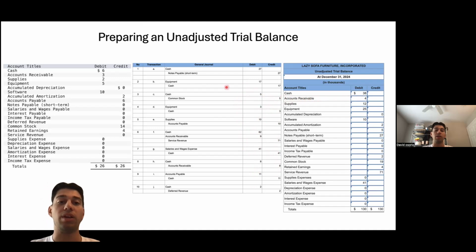And that way we can do it with all the accounts that we have at the beginning, plus the journal entries that we did on the transactions. So we add or subtract everything, and that's going to give us the unadjusted trial balance on all the accounts that we have over here.